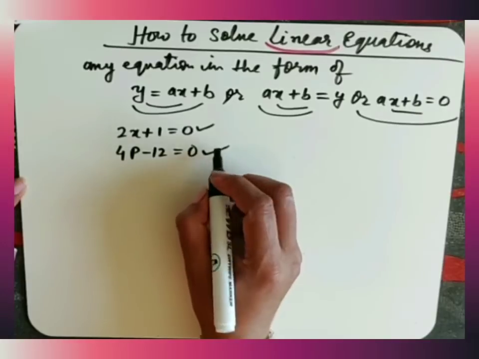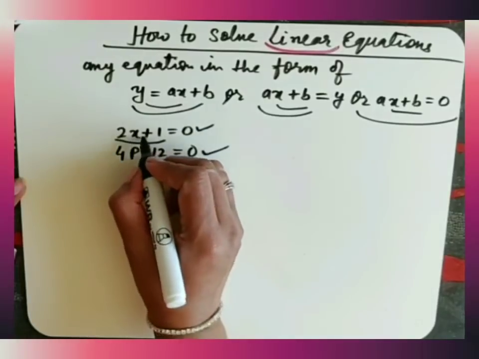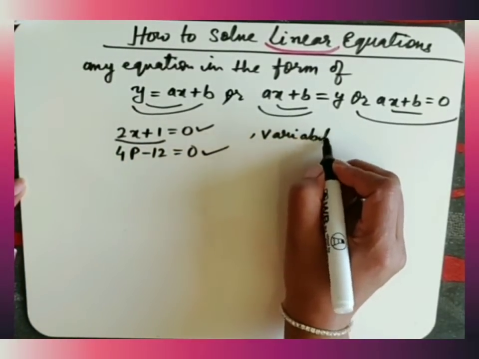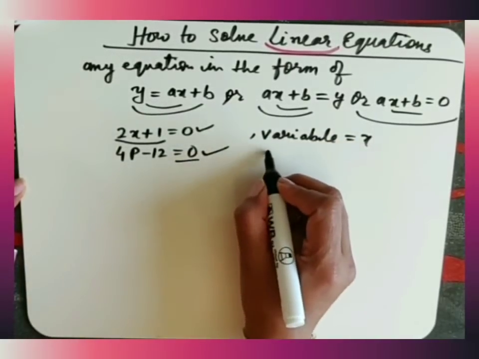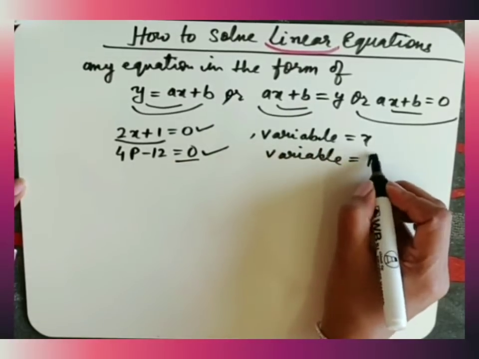Why is it linear? See, in this equation, what is the variable here? The variable is x, and in the second equation, the variable is p.